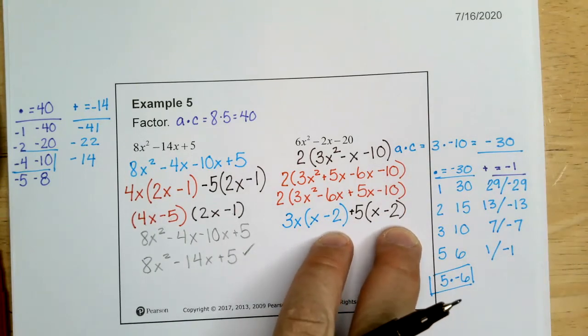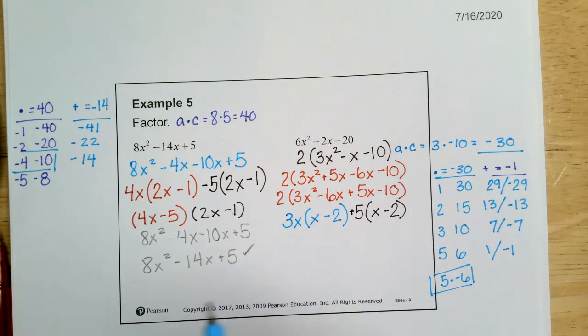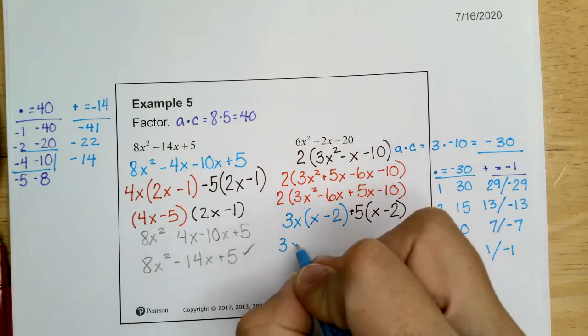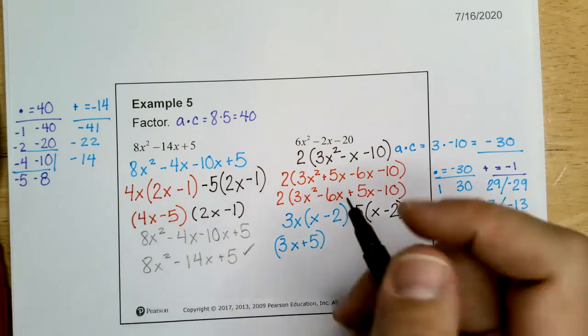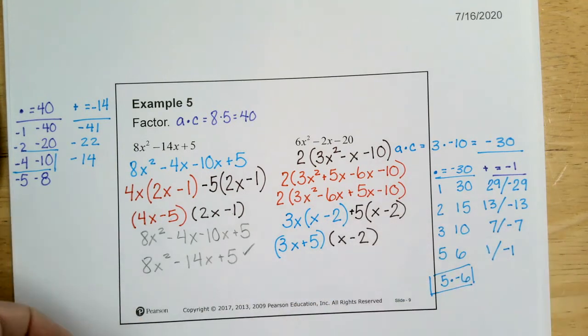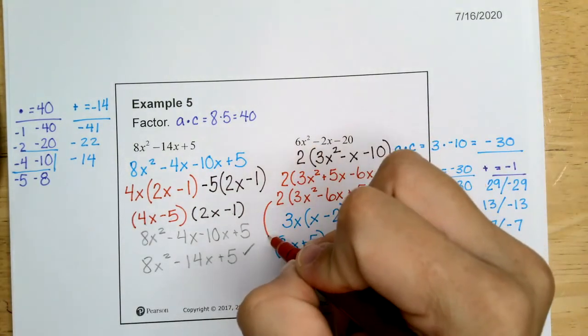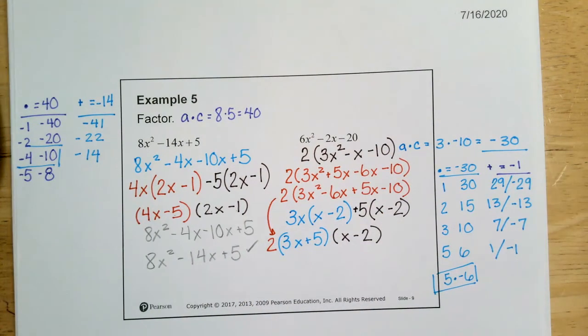So we have the same binomial. Now we're just going to put the 3x and the 5 together. 3x plus 5 times x minus 2, and bring down that 2. Okay, so I got 2 times 3x plus 5 times x minus 2.